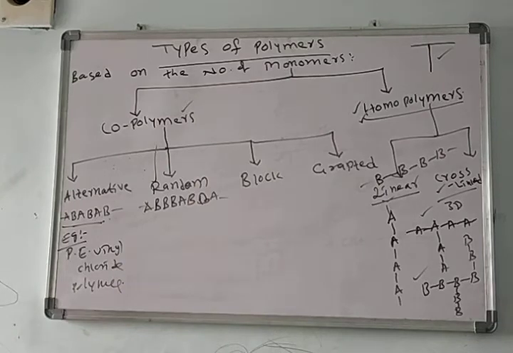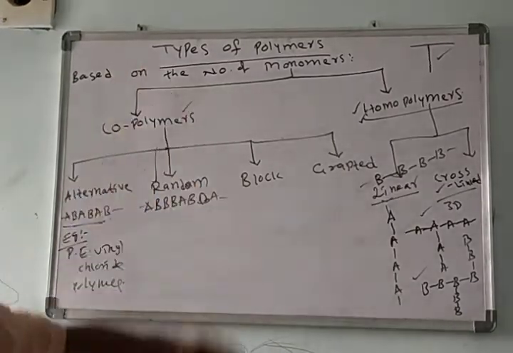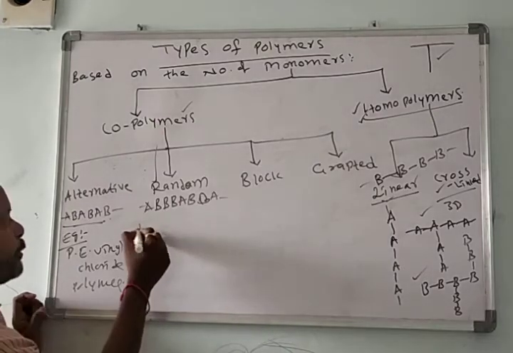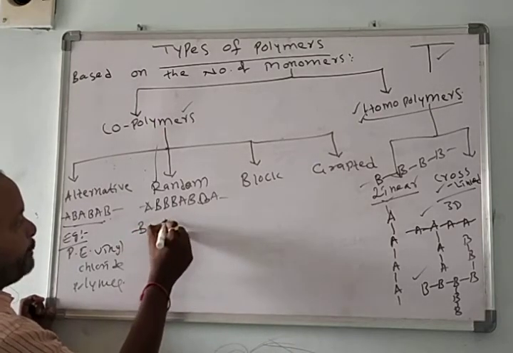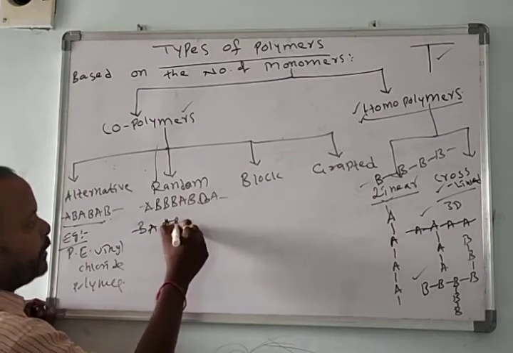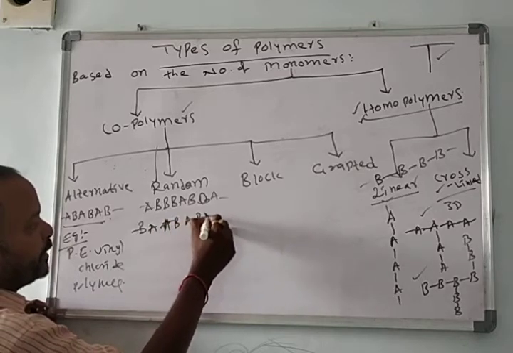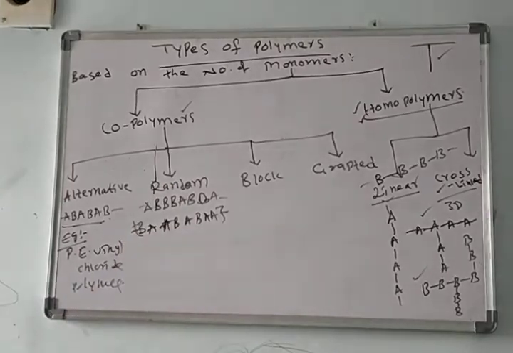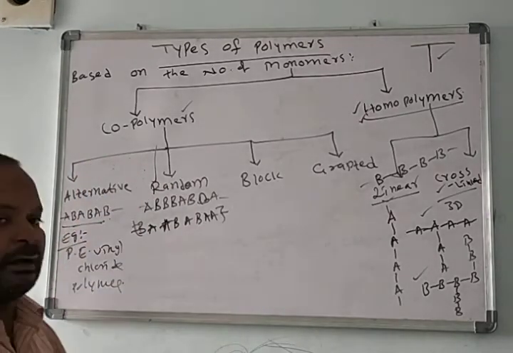So many additional polymers will be prepared by using copolymerization. This is about the random copolymerization. Preparation of random copolymer we called as random copolymerization. This is about the random copolymer.